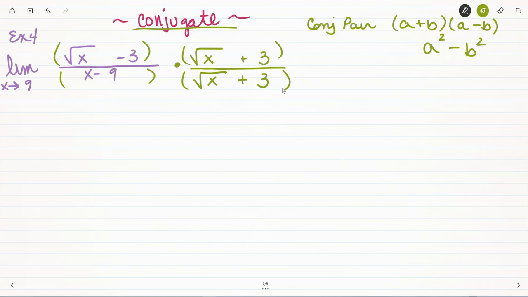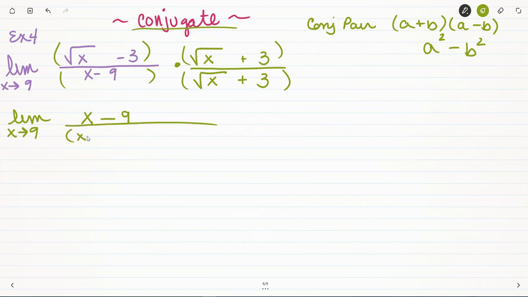So let's look at what this is going to look like when we multiply the square root of x minus 3 times the square root of x plus 3. We're going to get the square root of x squared, so that's x, minus 3 squared, which is 9.